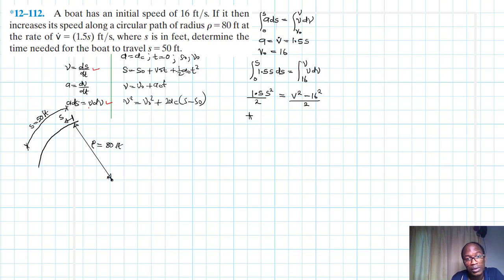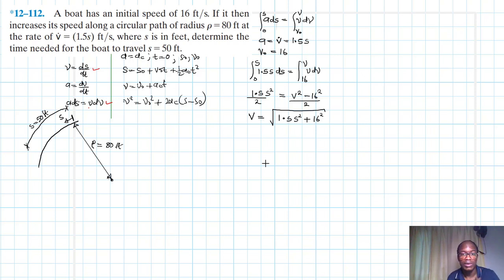Therefore, our v is just going to be equal to the square root of 1.5 s squared plus 16 squared.